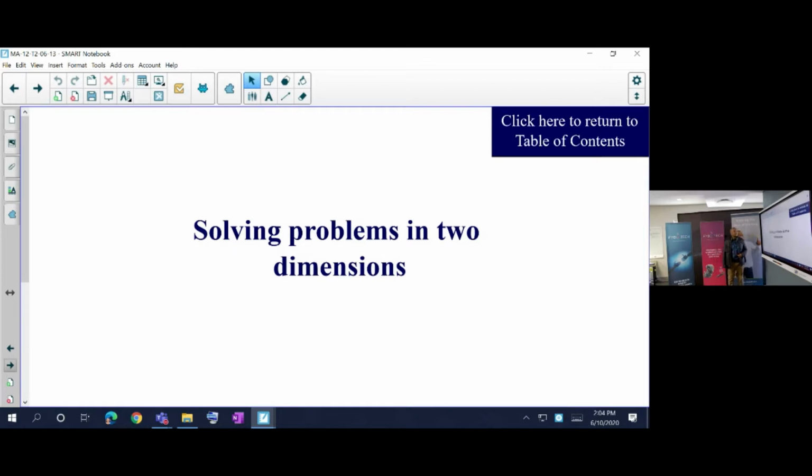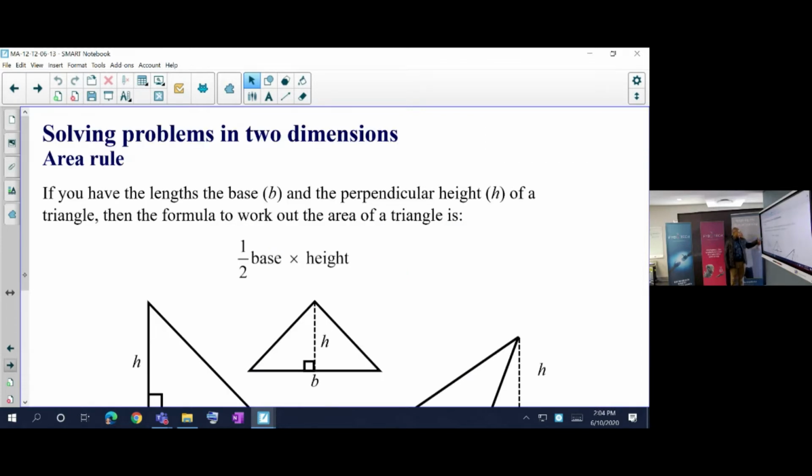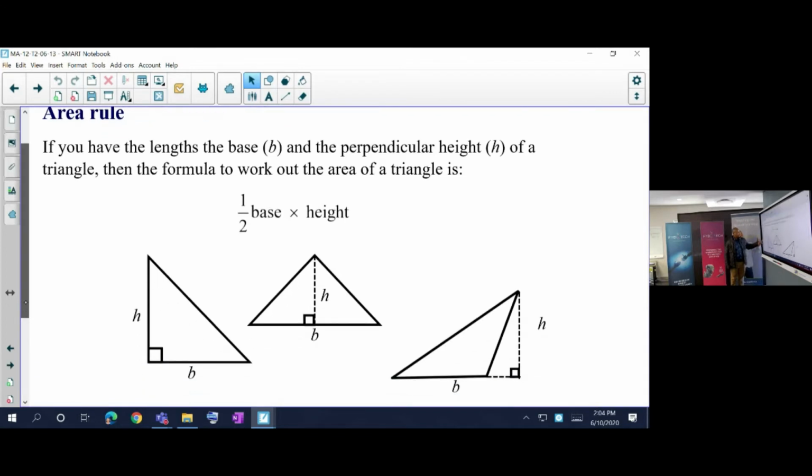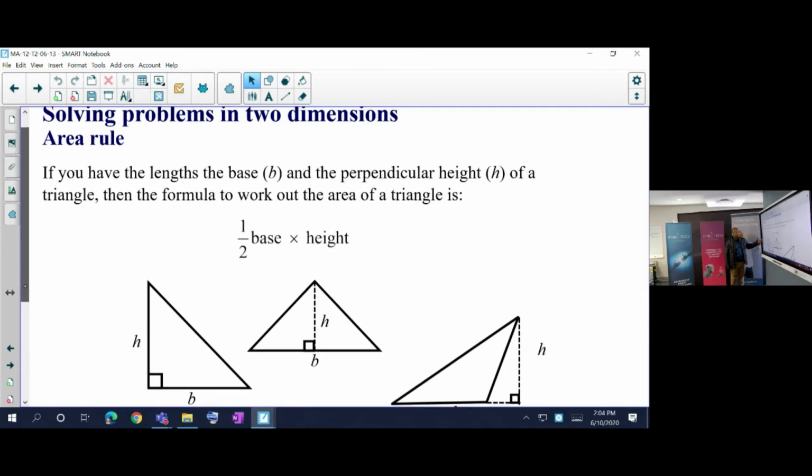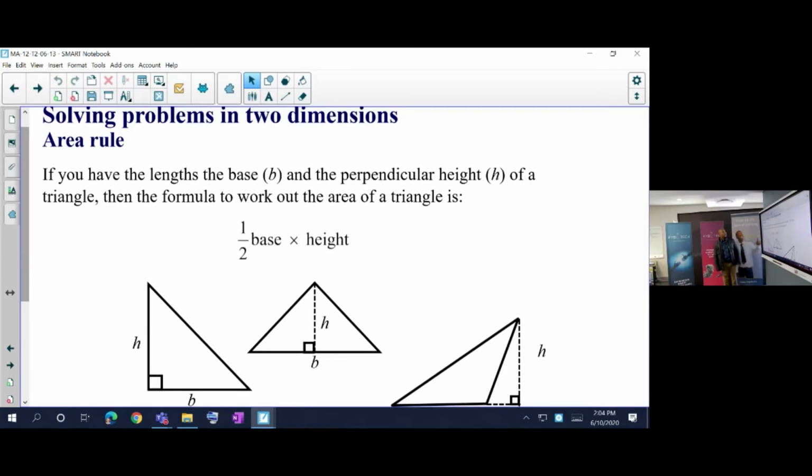Okay, so let's start with solving in 2 dimensions. There are my shapes. Basically, we'll be looking at triangles in this topic. That's why we call it trigonometry. Trig comes from the word three, and trigonometry is the measurement of triangles.